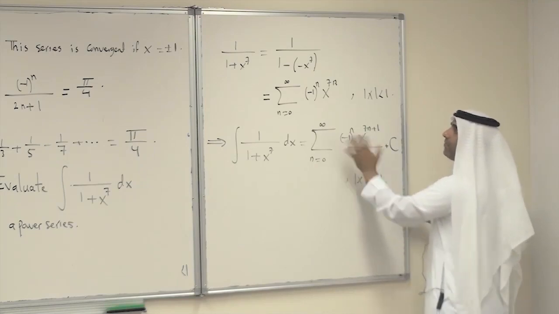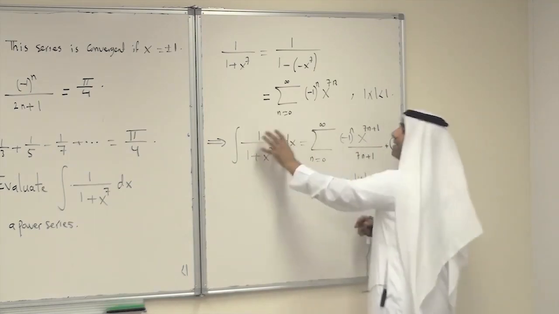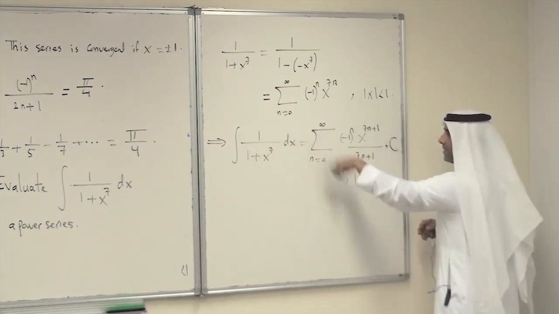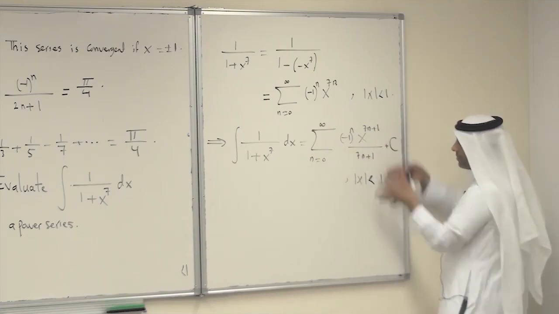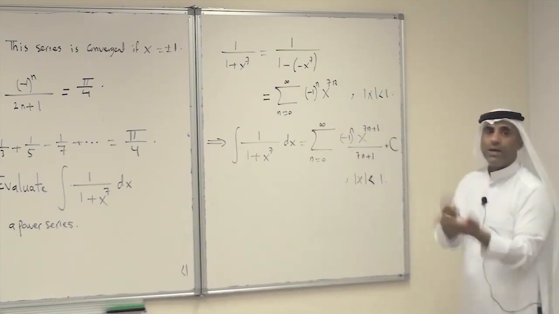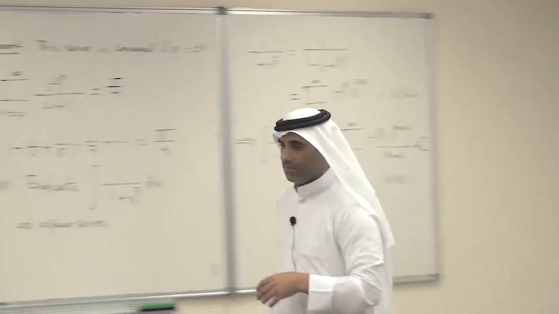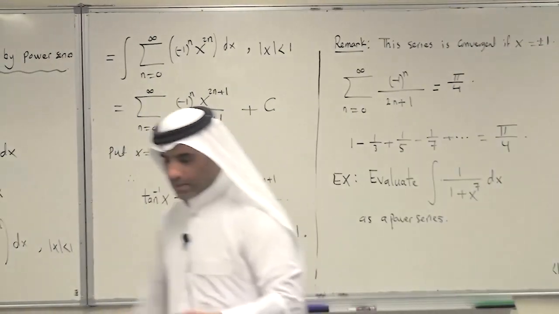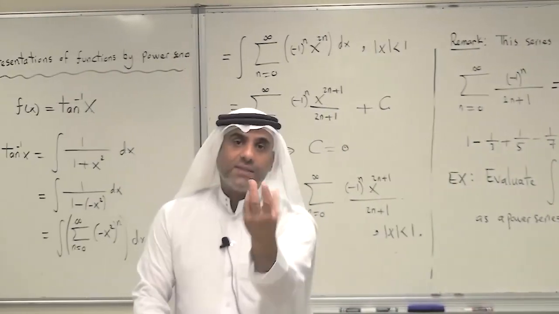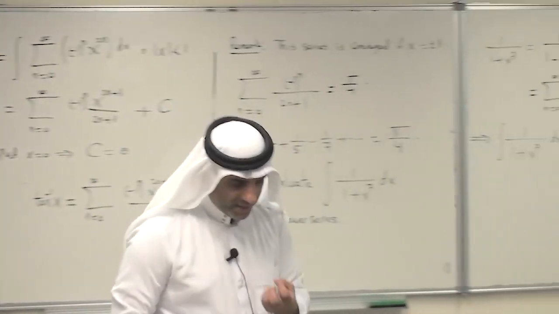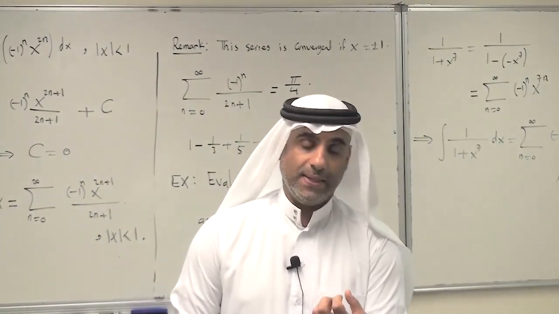So this is an alternative way: if we cannot integrate something, then we can represent it as a power series. As a consequence, we can always approximate integrals by using power series. That is the first step in representing a power series.